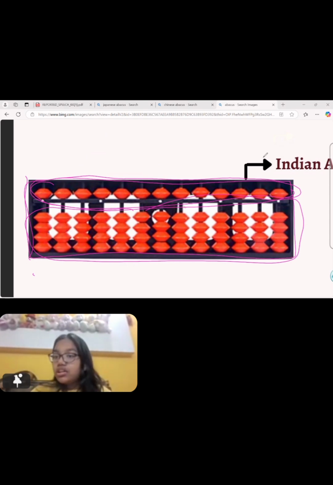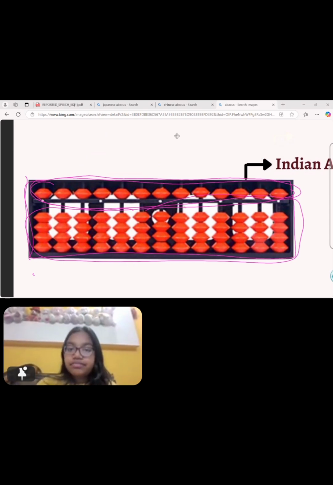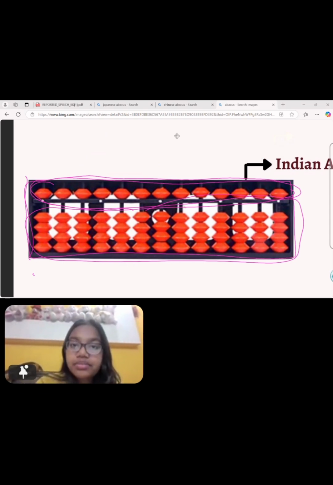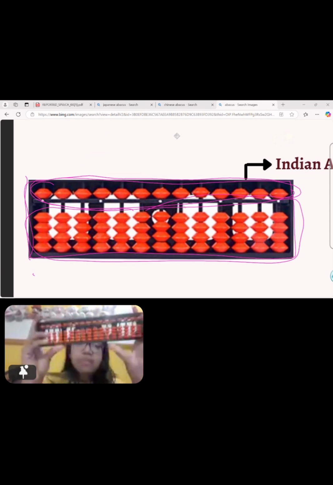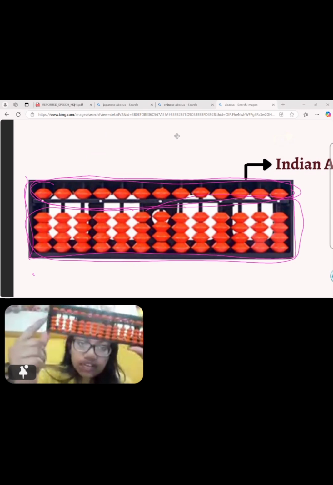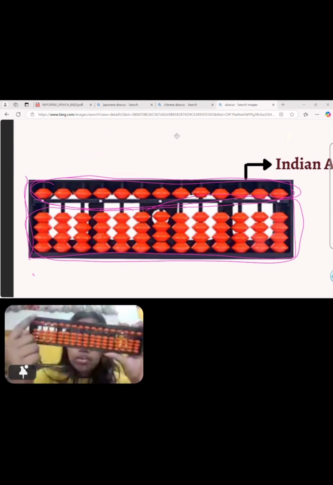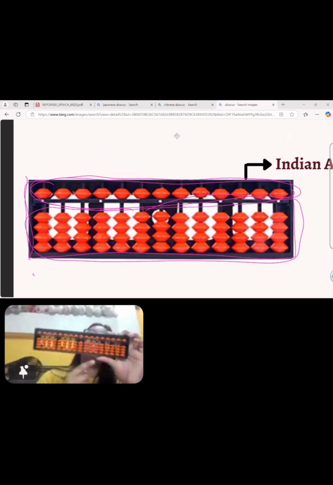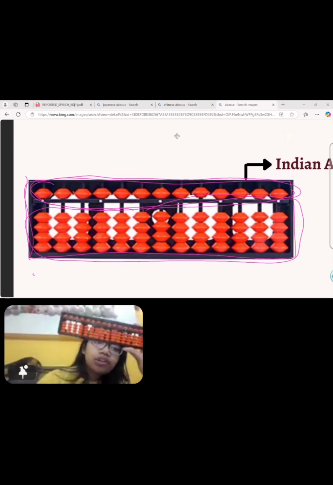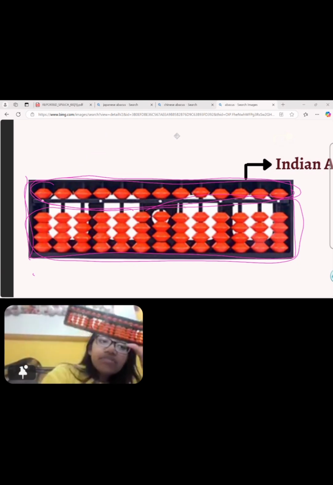If you can see on your abacus, Ridhivan, and my abacus as well, see this black outline here on the abacus. This outline is called the frame of the abacus. What is it called? Repeat after me.